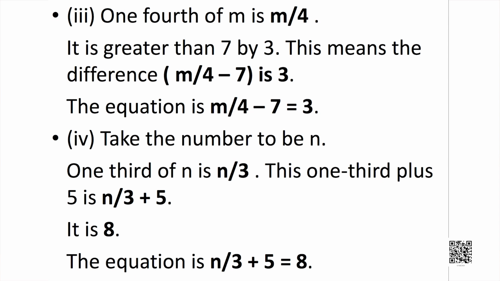Now, we will take the fourth statement. Take the number to be n, that is our variable. 1/3 of n is n/3. So it says 1/3 of n plus 5, which is n/3 + 5. It also says it is 8. Therefore, the equation is n/3 + 5 = 8.